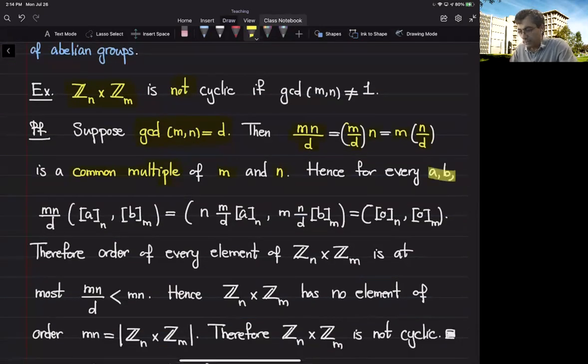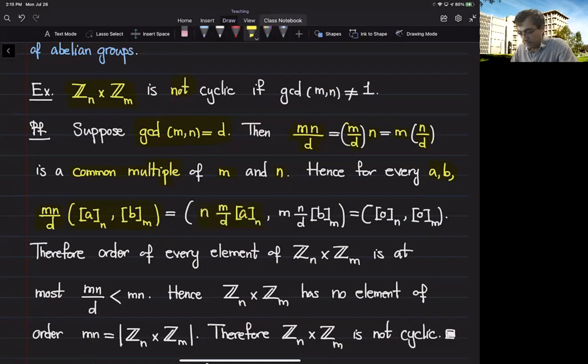For every a and b integers, if I look at this pair and multiply it by mn over d, remember here we are in the additive setting, so instead of using exponential notation, we have to use multiplication notation. So I'm going to multiply this pair of elements by mn over d. For the first component, I use that mn over d is an integer multiple of n, and deduce that because n times this is 0, this first component is 0.